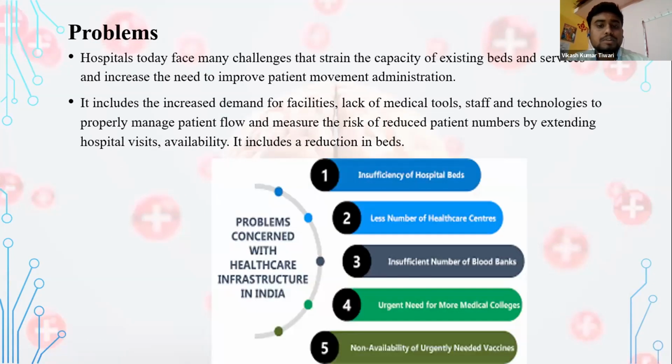Next, here are some problems which people are facing nowadays, because AI is not yet working totally. It has started working, but it is not yet familiar to everyone. People face problems like insufficient hospital beds, fewer healthcare systems, insufficient blood banks, medical tools, and medical staff.